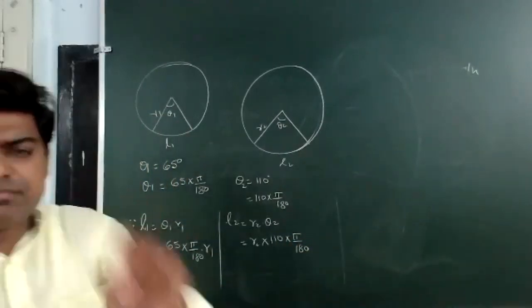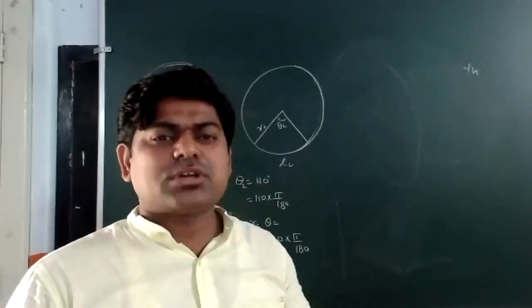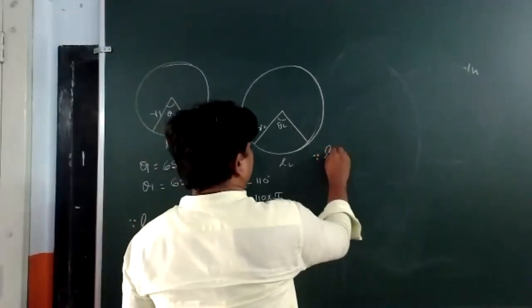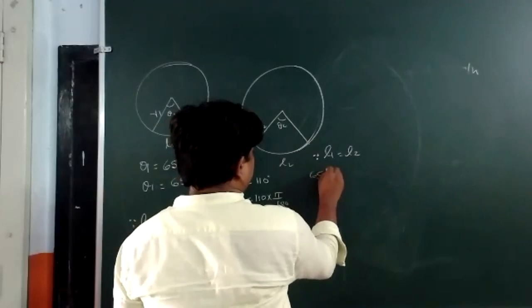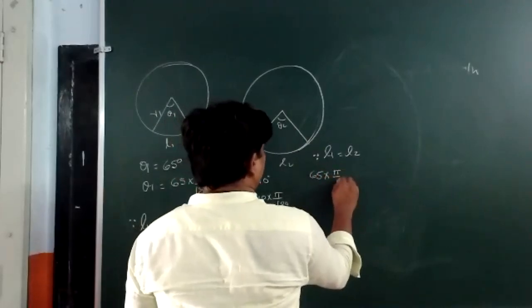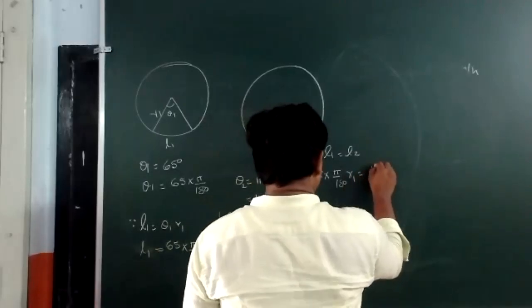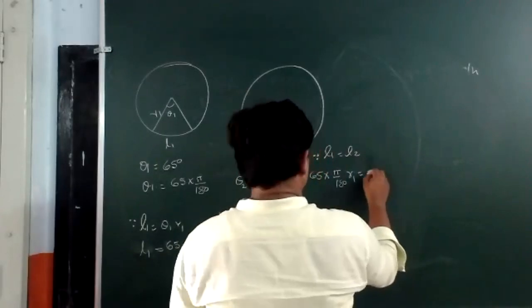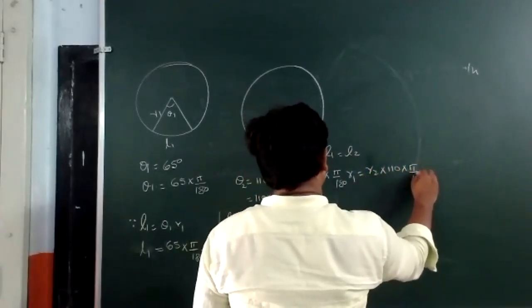The question has given simply one thing: both arc lengths are equal. Since it is given, L1 is equal to L2. Can write here 65 into pi by 180 into R1 is equal to R2 into 110 into pi by 180.